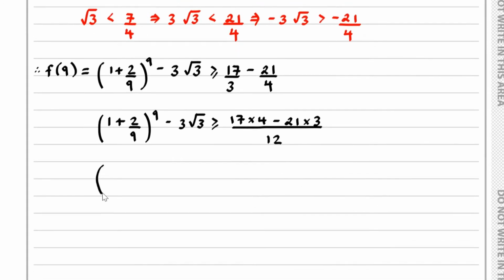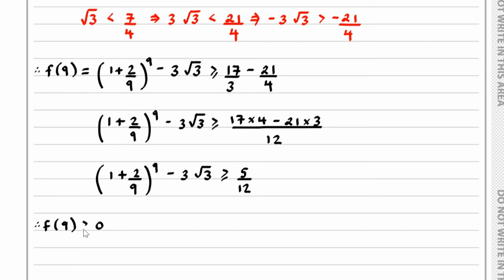So we've got 1 plus 2 over 9 to the 9 being greater, subtract 3 root 3. This will be greater or equal than 5 over 12. So therefore, we see that f of 9 is greater than 0.